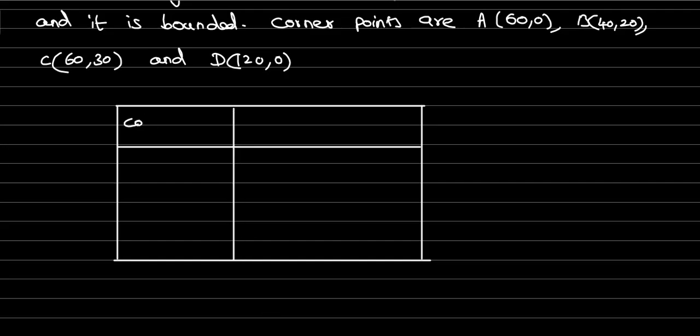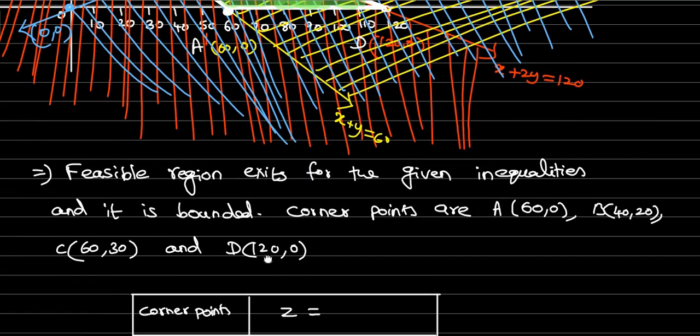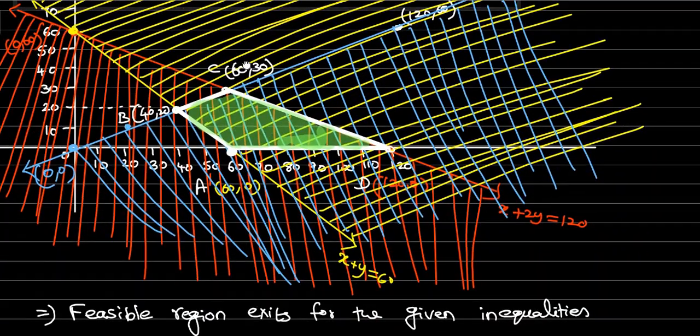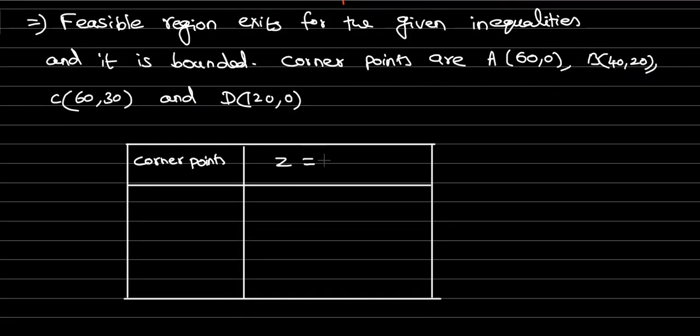Okay, corner points. Z equal to, what is the given Z? 5x plus 10y. First point 60 comma 0. Second one 40 comma 20. 60 comma 30. 120 comma 0.